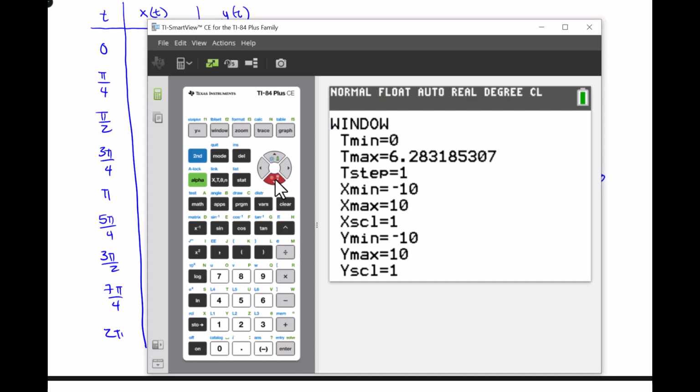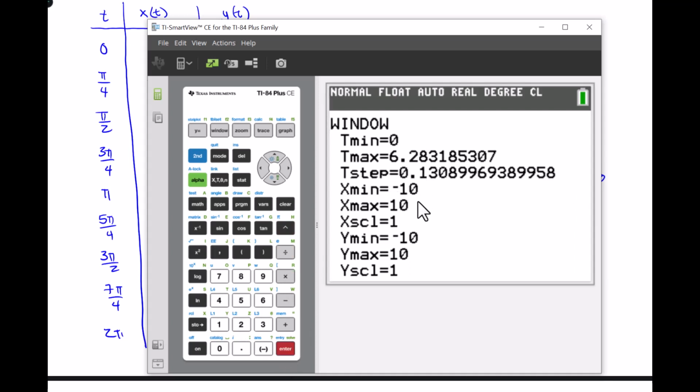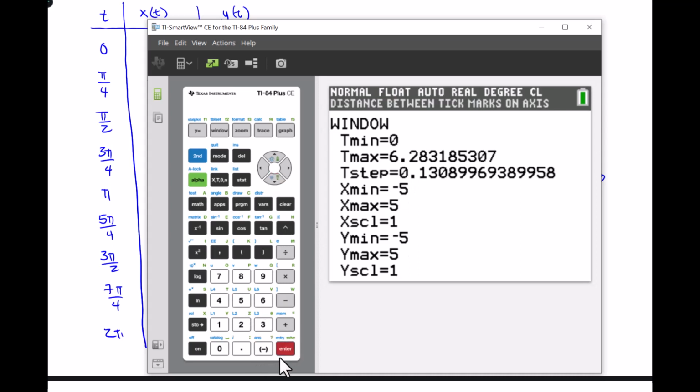And I probably want to use more increments than pi over 4 to draw this circle. A lot of times if you do something like pi over, say, 24, that results in about 0.1. That's usually a pretty good value to use. Let's just go from -5 to +5 on the x and y, just because we know the radius of this circle is 4.